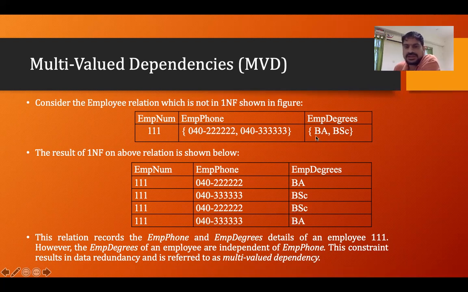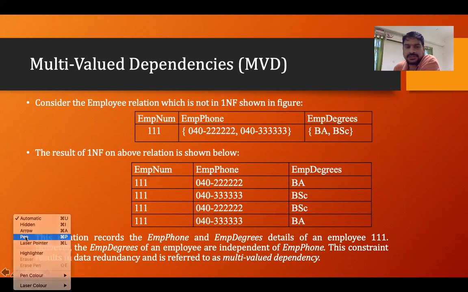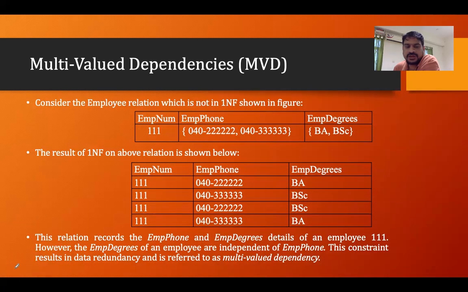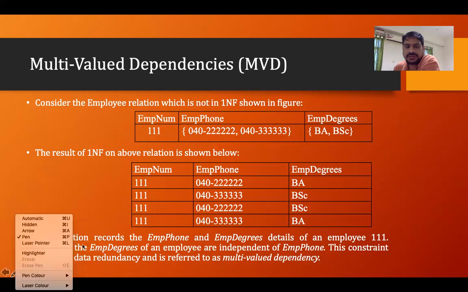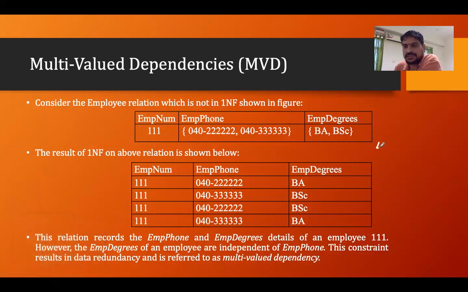Now, what happened in these types of tables? We have the multi-valued attributes, and because of these, when we determine employee number, how can we say employee number determines something? We can say it in this manner: employee number multi-value determines employee phone.